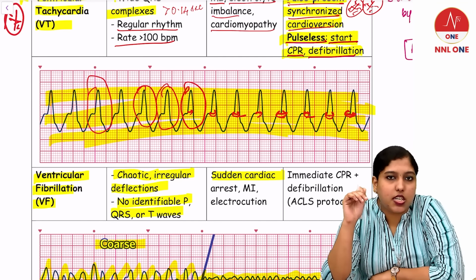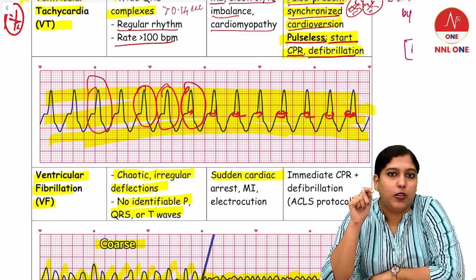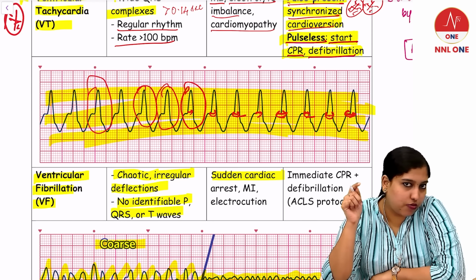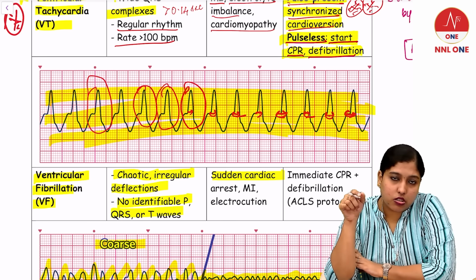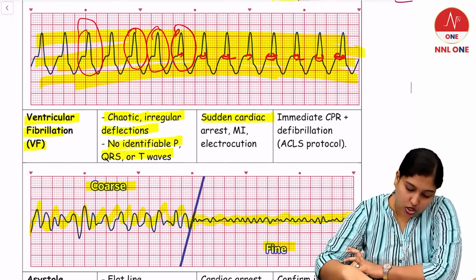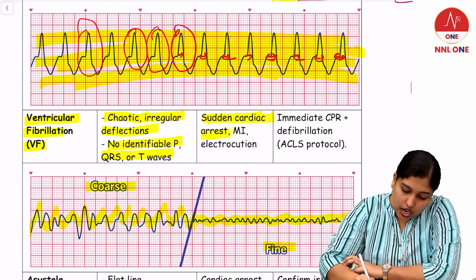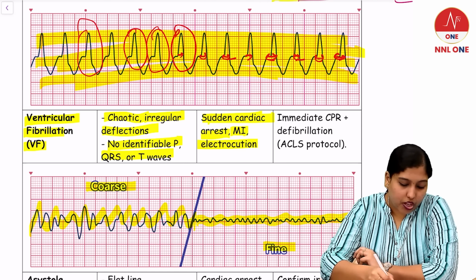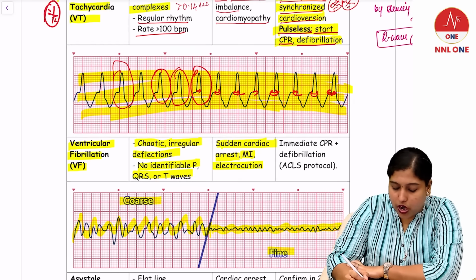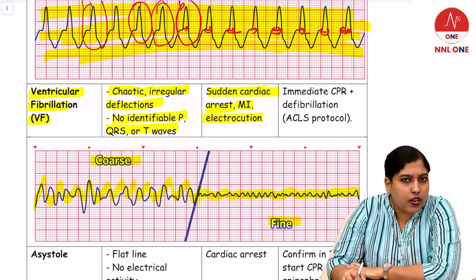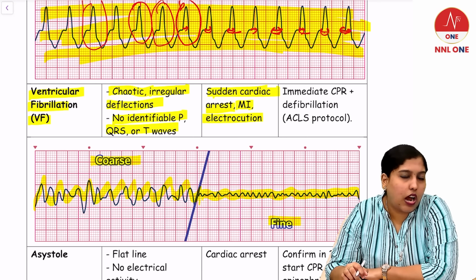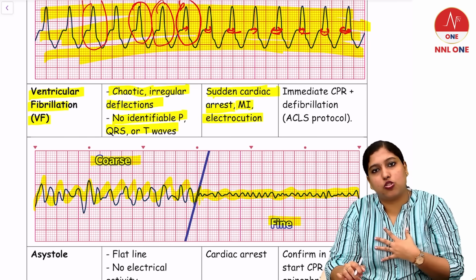When VT is not treated properly, it will lead to ventricular fibrillation. It is seen in sudden arrest, MI and electrocution. The most important MCQ point to note: what is the most common cardiac arrhythmia after the patient has an electrical shock?